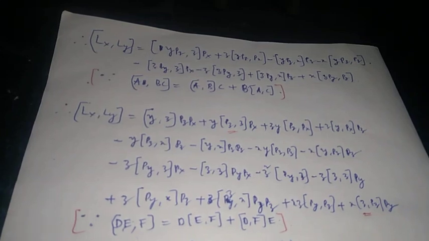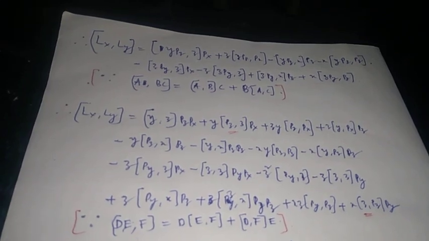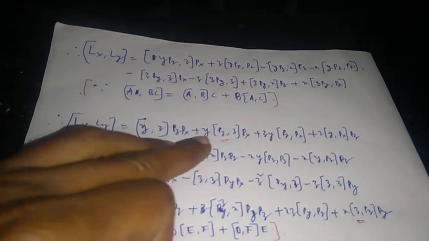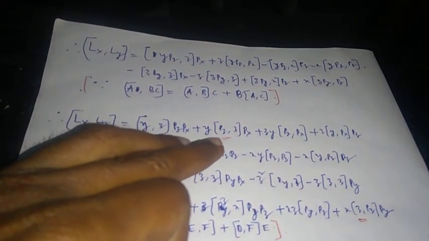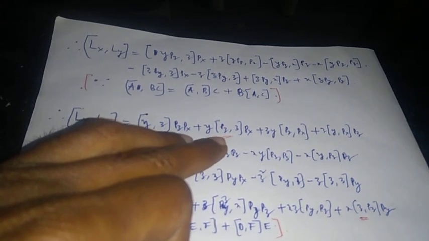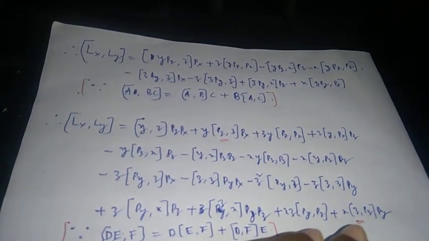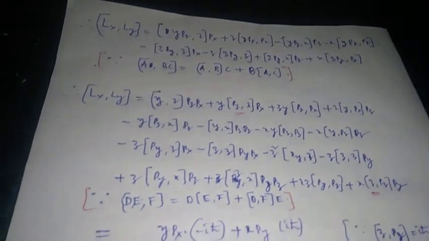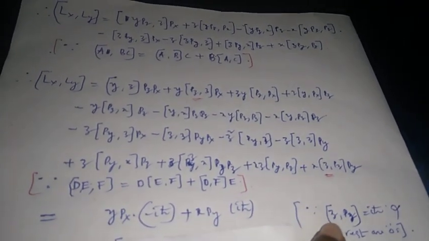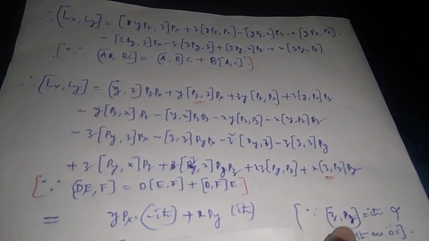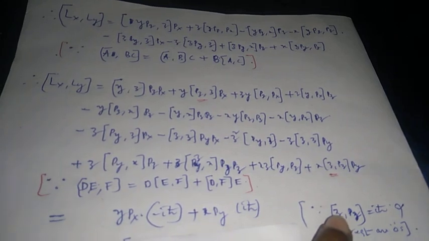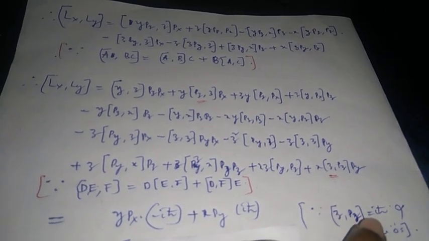And out of these 16 terms, all the commutators are zero except the ones under which I have put these red bars. So these two terms will not be zero, and they give the commutator of z with pz, which is iħ, and the reverse of that, which gives minus iħ.